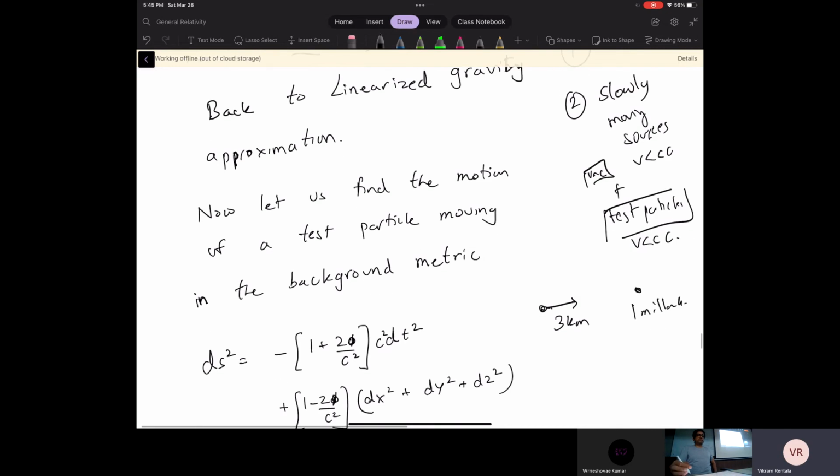So the effects of strong gravity are suppressed by factors of 3 kilometers by 1,000,000 kilometers raised to some power. These strong gravity effects, which are still weak because you're far, are higher order corrections. Instead of order lambda, it's order lambda square type correction. That's what was observed for Mercury's orbit, so that's strictly outside of the linear approximation.